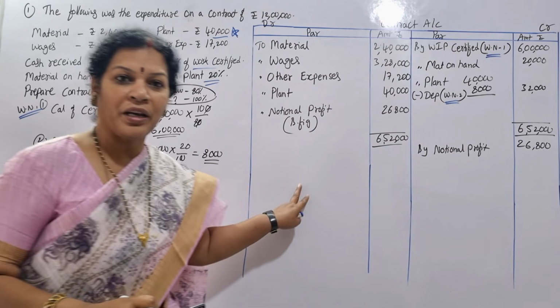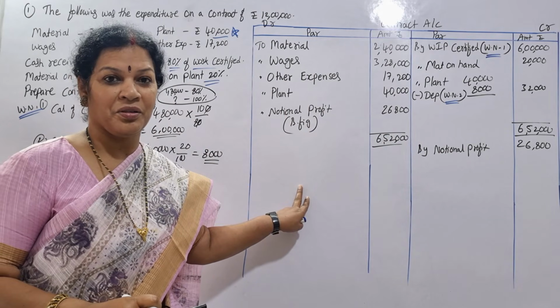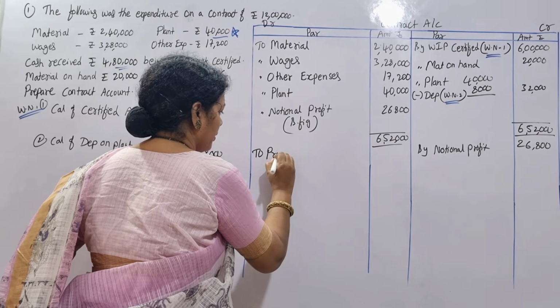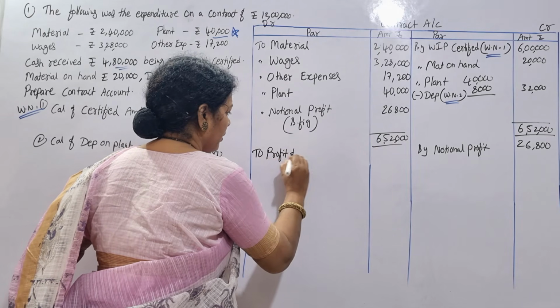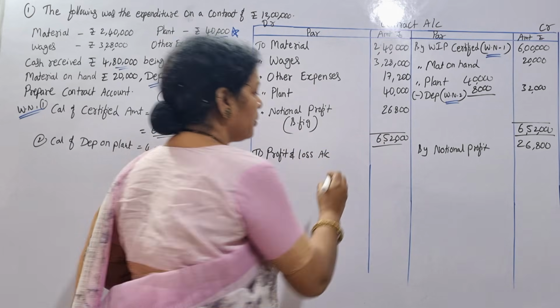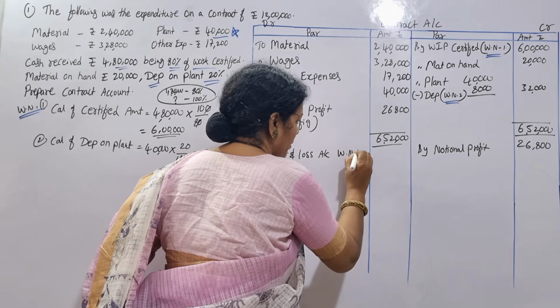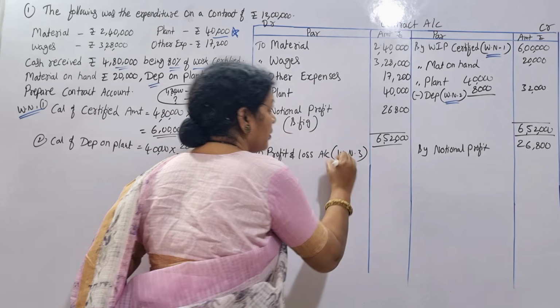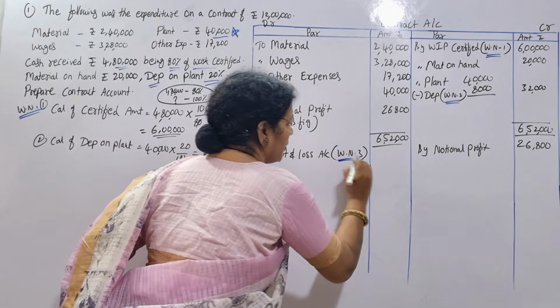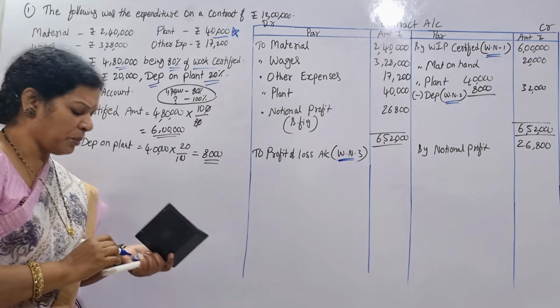Now here you have to calculate the profit and loss account. This is working notes 3. You remember the formula?